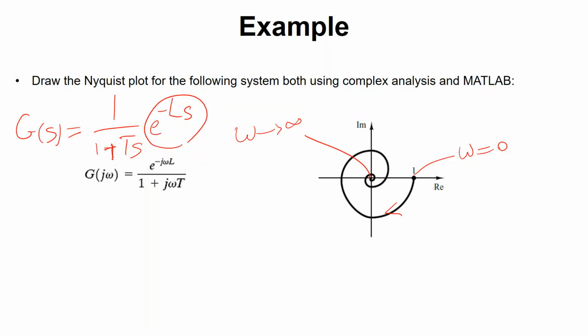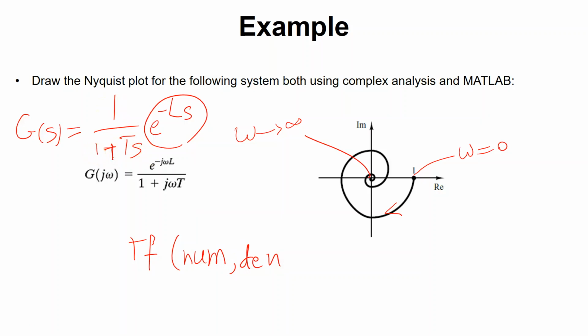So can we use the command transfer function and then Nyquist to plot a linear system with delay? Is such a thing possible? Because when you use the command transfer function, if you remember, it takes num and denom, an array for the numerator, which is in this case 1, and for the denominator, which is t and 1.